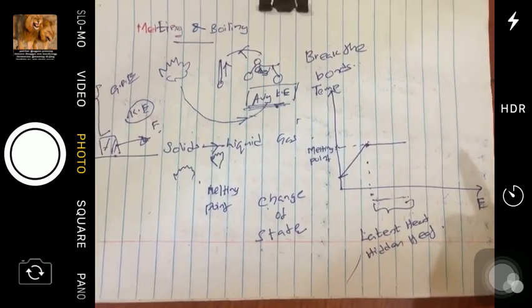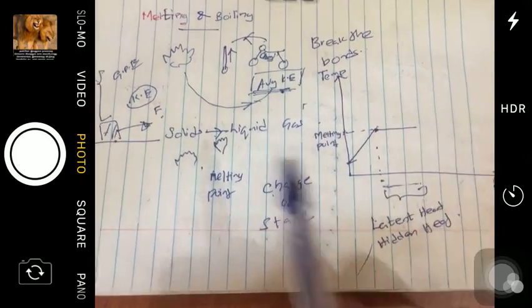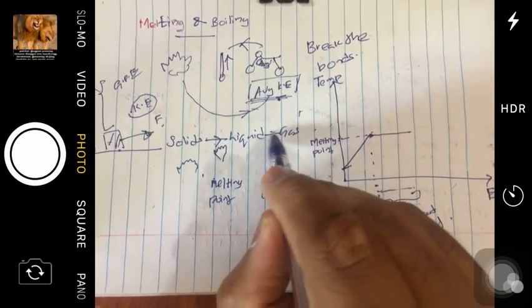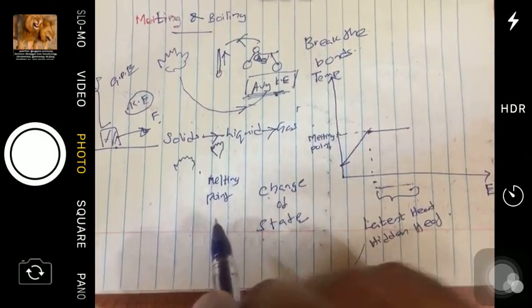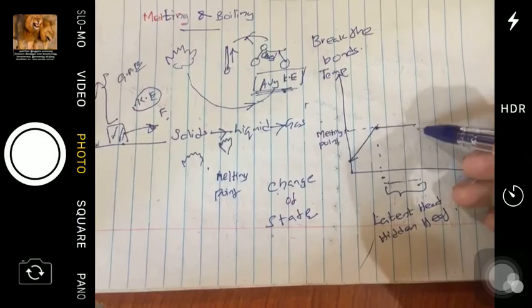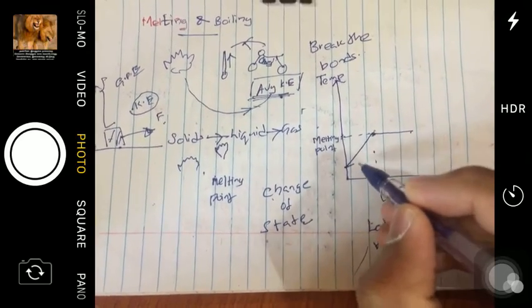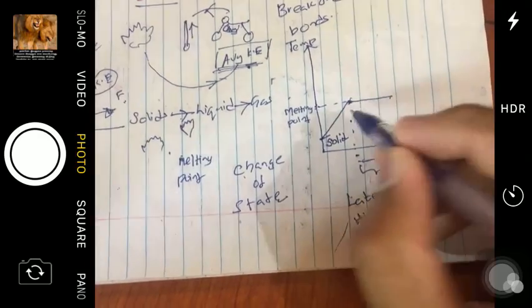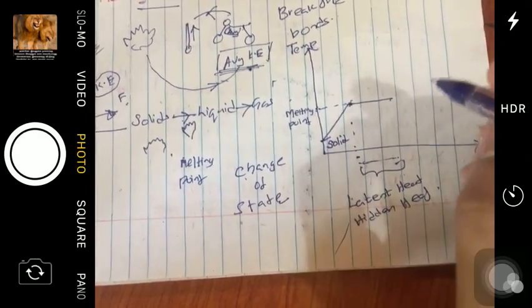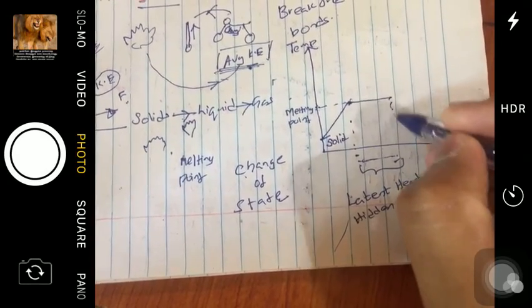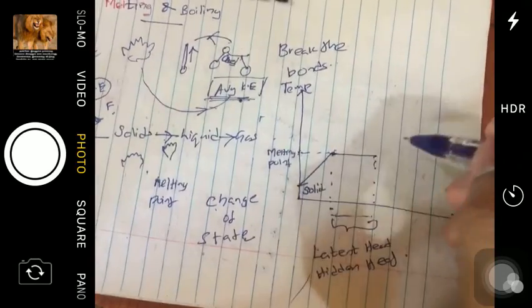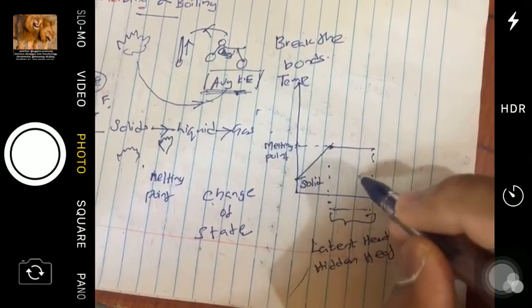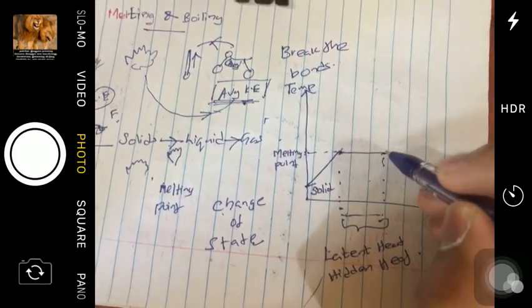The same idea applies to any change of state, from liquid to gas as well. So during this time the object remains solid. Then this is being converted, and once it has been converted, this is a change of state, solid to liquid.